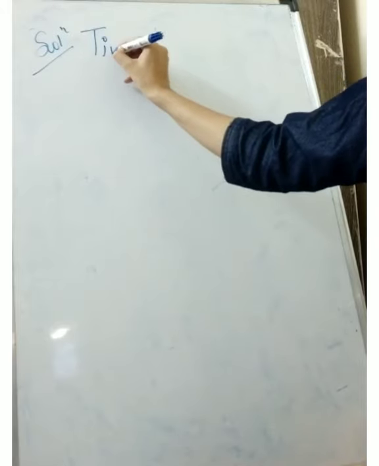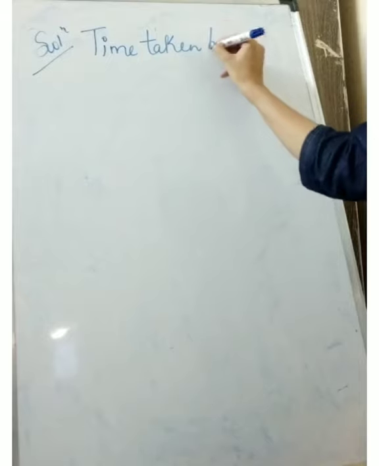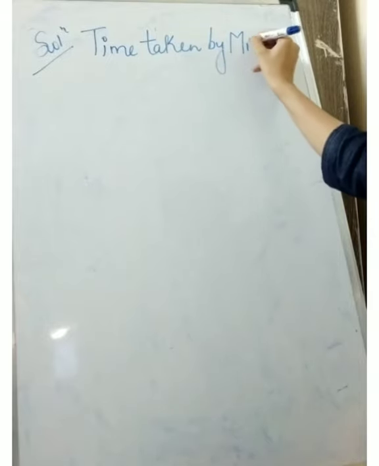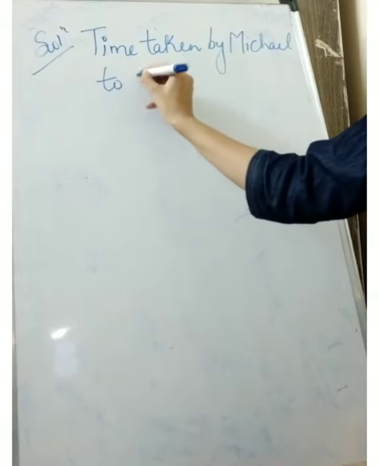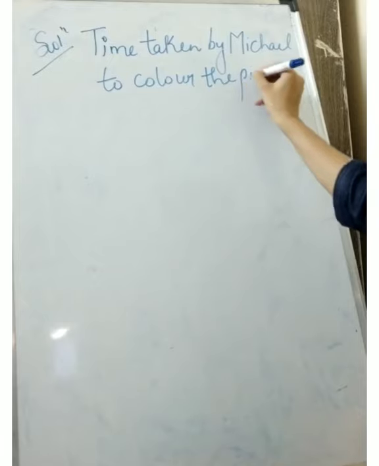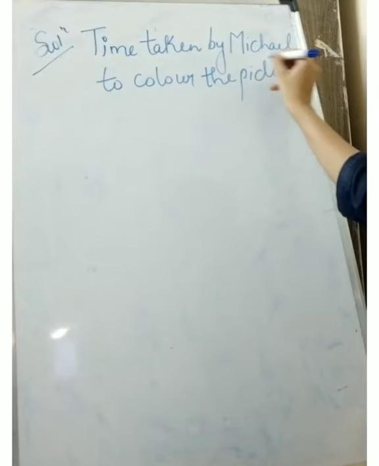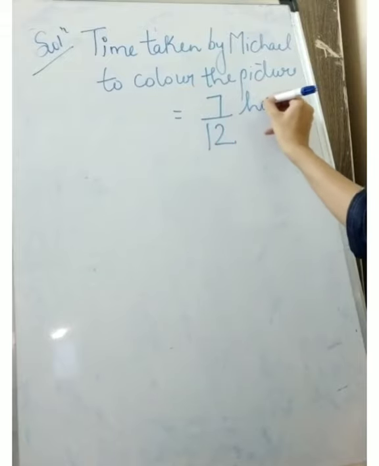Time taken by Michael to color the picture. How much time has Michael taken? 7 upon 12 hours.